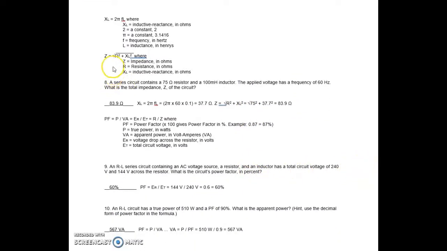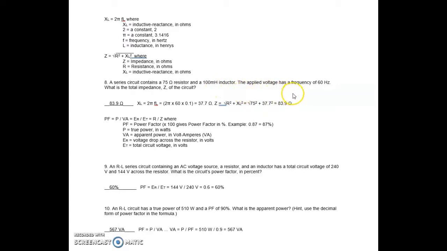For number 8, we're given the formula for inductive reactance, and we're also given the formula for total impedance. The question asks, a series circuit contains a 75 ohm resistor and a 100 millihenry inductor.